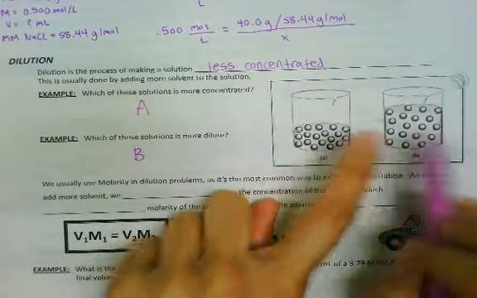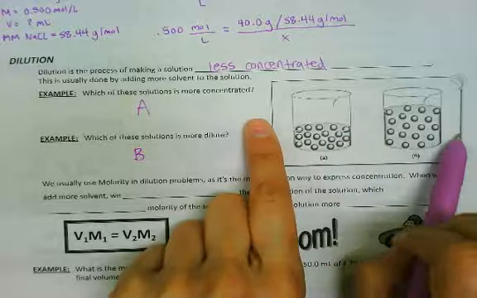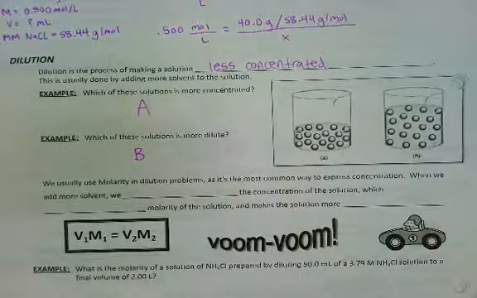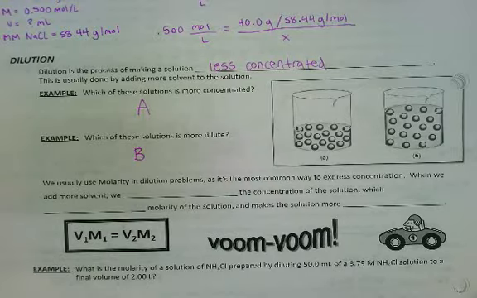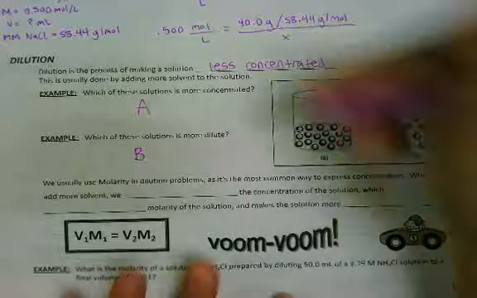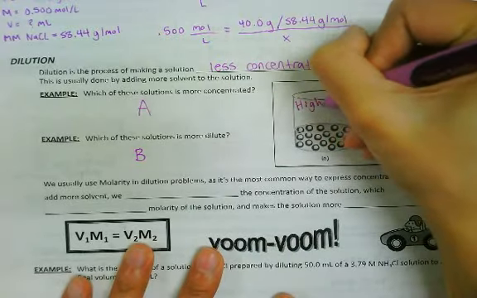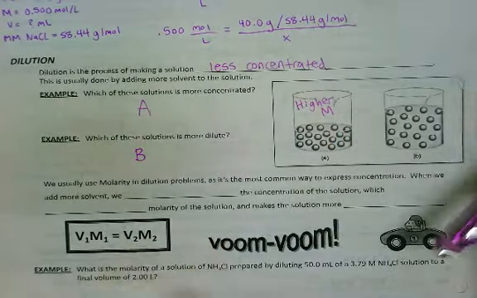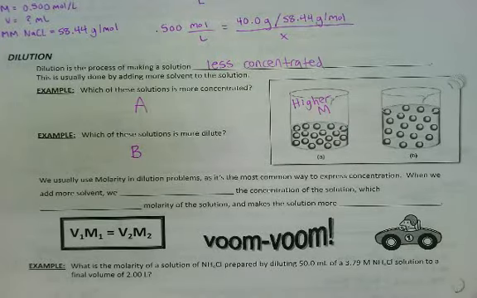If you were to look at these two solutions here, which of these would you say has the higher concentration, or rather the higher molarity? Yeah, 1A, right? So this one is going to have the higher molarity, because molarity is the definition of concentration.